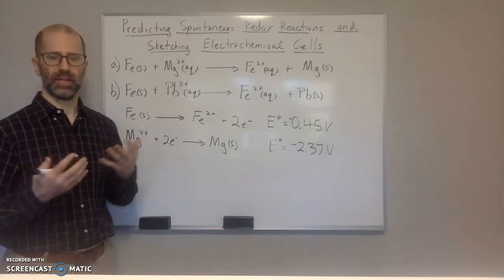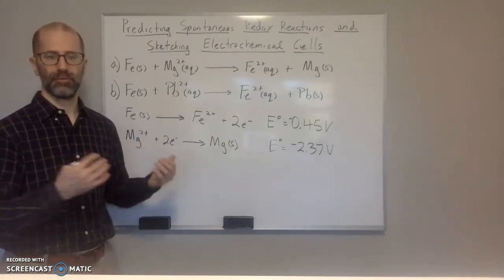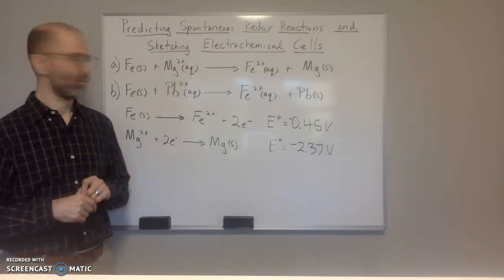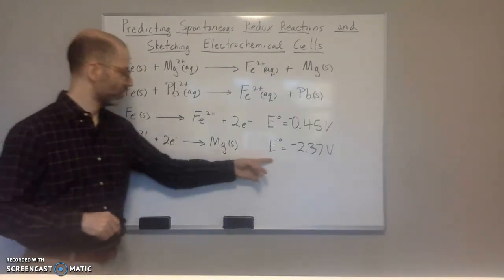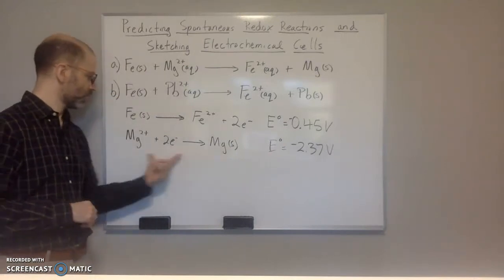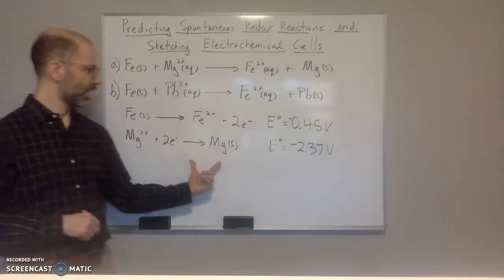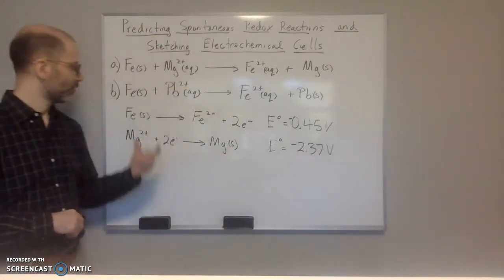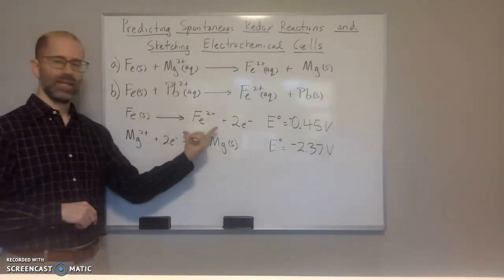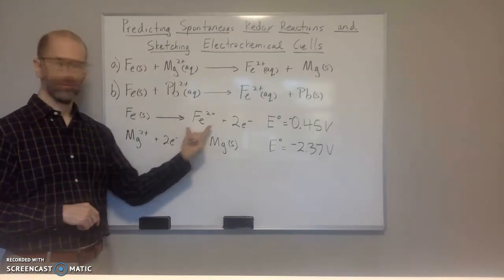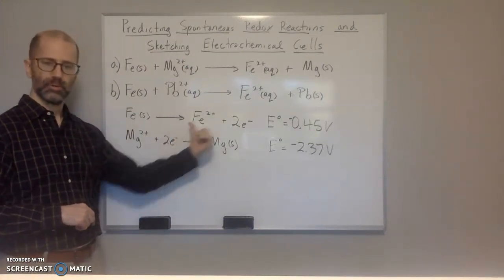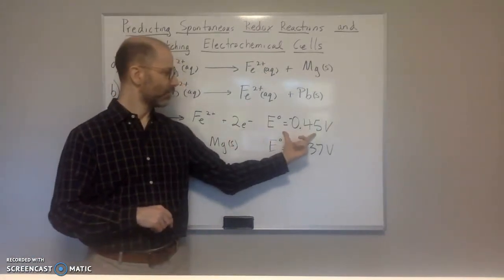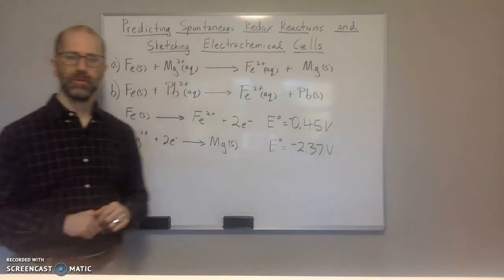So this is going to help us figure out which direction the electron flow is going to go for our electrochemical cell. Okay, so here what you notice is that for this reduction half reaction, the standard electrode potential is negative 2.37, and for the reduction half reaction for iron 2 plus, written in this direction, it is negative 0.45 volts.